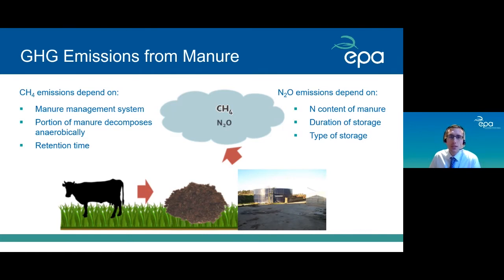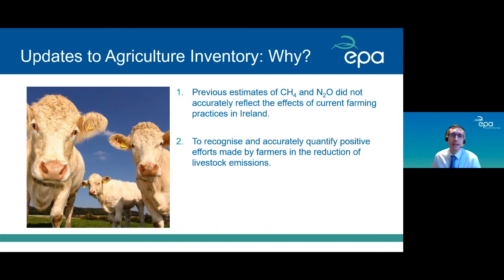So basically, why have we updated the agriculture inventory methodologies? These were motivated by a couple of reasons. First of all, there's been a change in recent years in farming practices, and they continue to evolve on the ground, and we want to be able to reflect that.